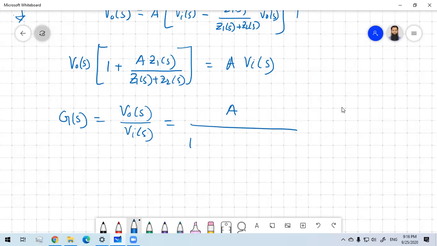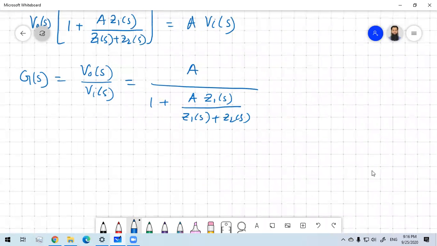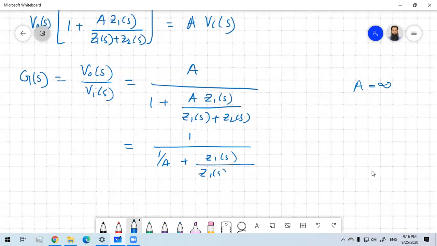So A divided by 1 plus A Z1S divided by (Z1S plus Z2S). It is slightly complicated, and one factor is that the magnitude of A, the open loop gain, is ideally infinity, so very, very high. So both the numerator and the denominator can be divided by A. We have 1 divided by (1 by A plus Z1S divided by (Z1S plus Z2S)).